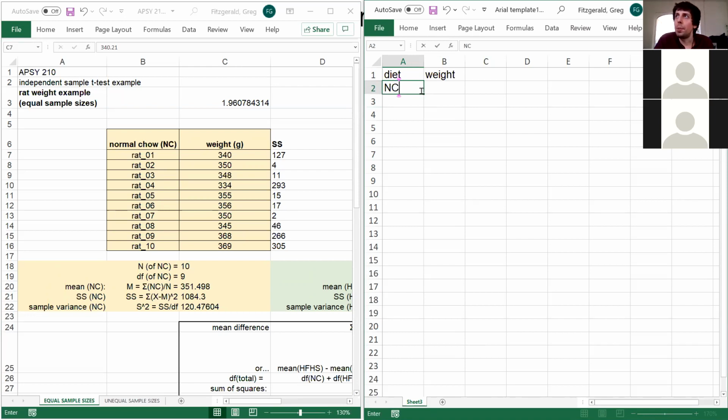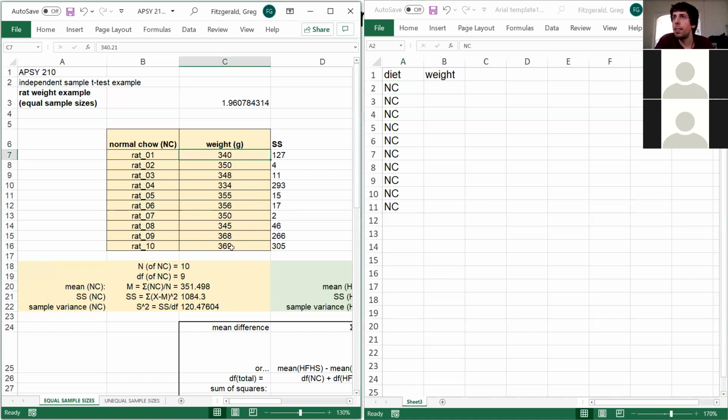I'm now just going to take this NC, and drag this down, and I can make sure that I have the correct number of normal chow rats. If you look down at the bottom, it tells you the number of cells that are being highlighted, which is 10, which makes sense because we have 10 rats.